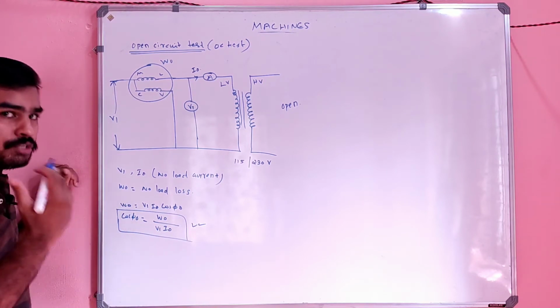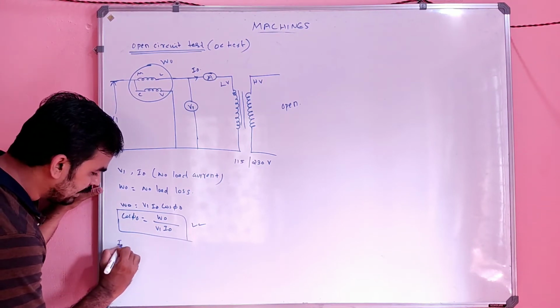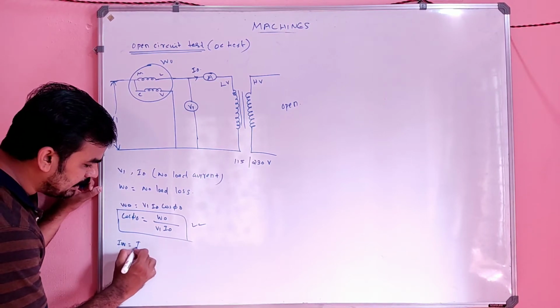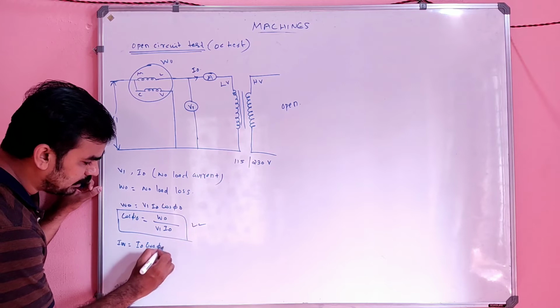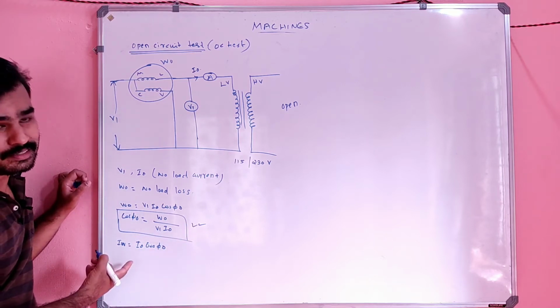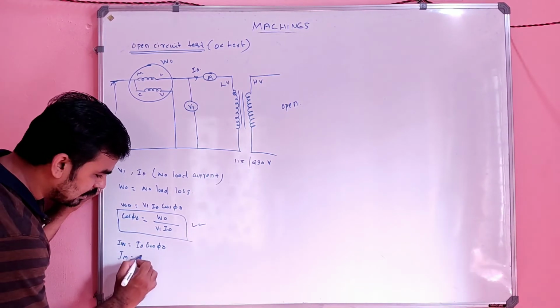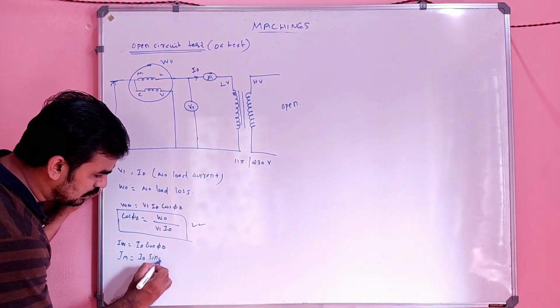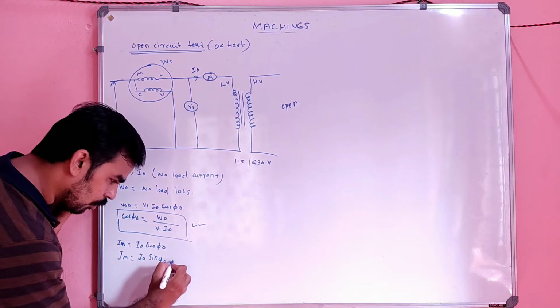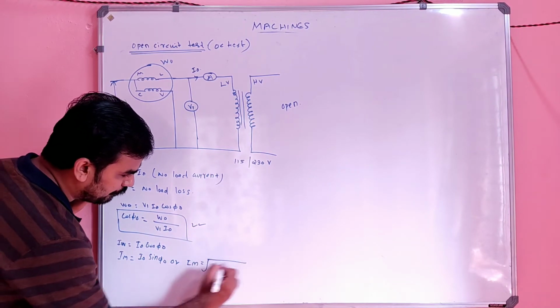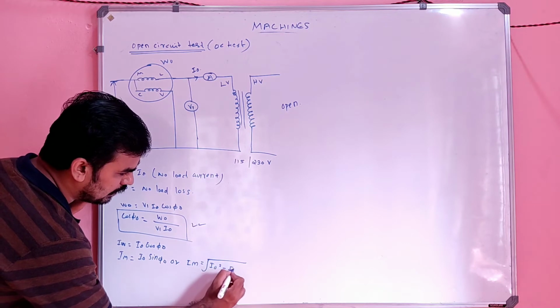If you got the value of cos phi 0, what is IW? IW is nothing but I0 cos phi 0, correct? And IM is nothing but I0 sin phi 0, or you can simply say IM is equal to root of I0 square minus IW square.